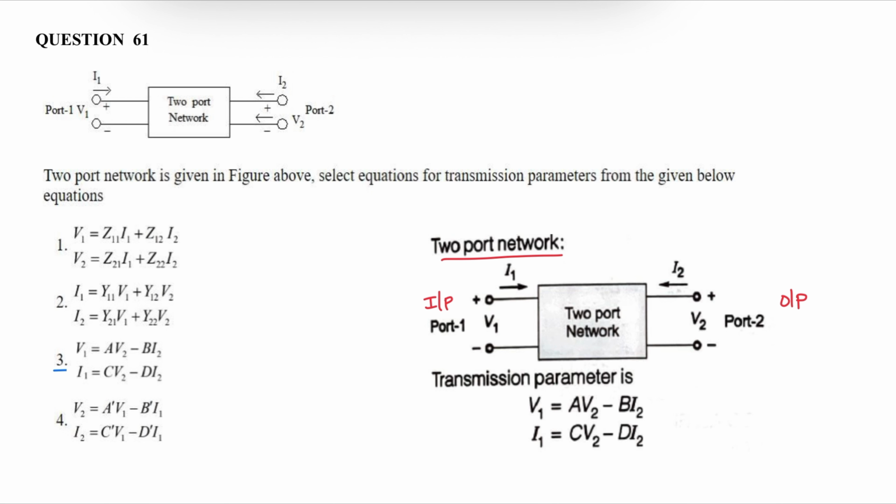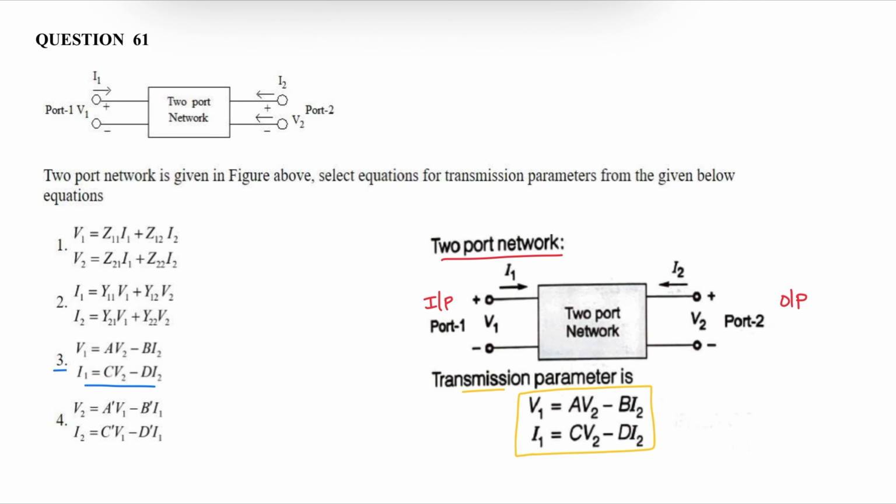The transmission parameters are V1 is equal to AV2 minus BI2, I1 is equal to CV2 minus DI2. These are the expressions for transmission parameters of a two-port network. Correct answer is option 3.